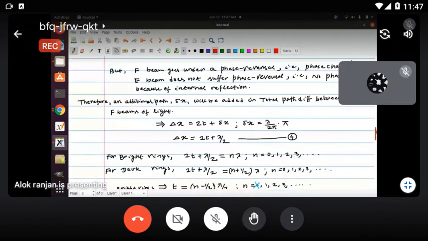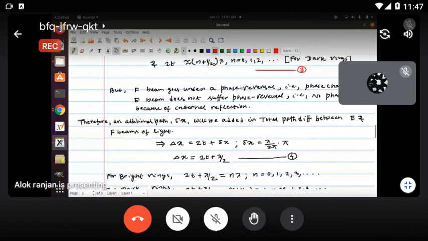It is called the phase reversal phenomenon from the bottom surface of the lens compared to the E beam. So do remember the E beam is reflected from the top surface, inside the air film.